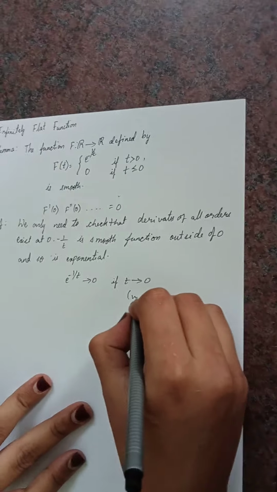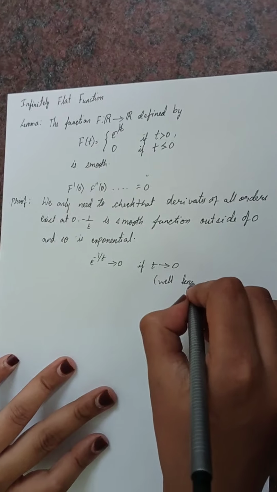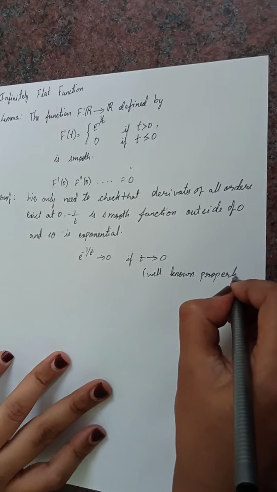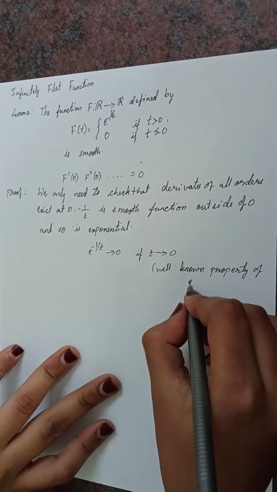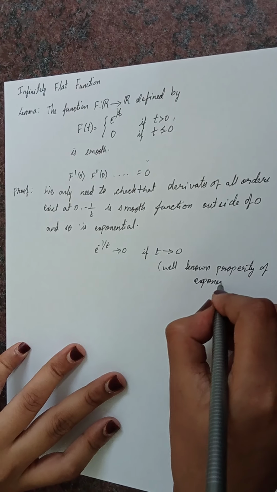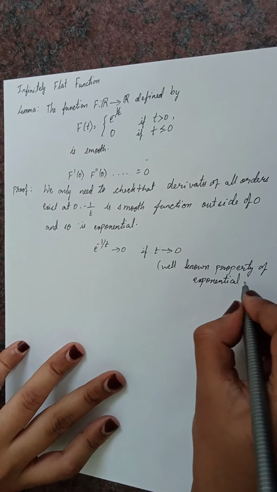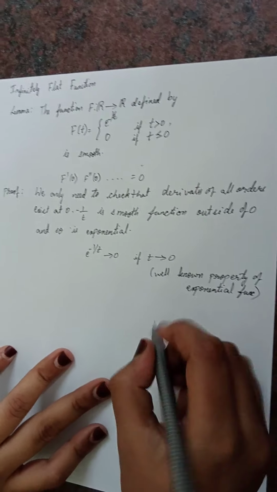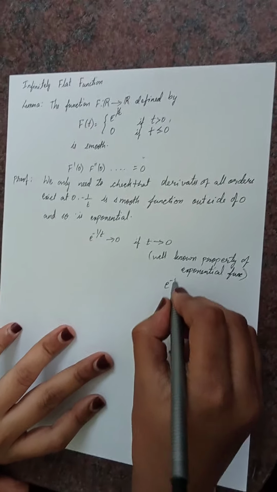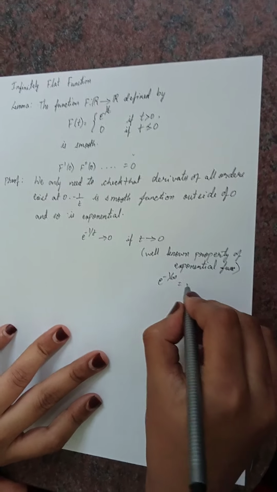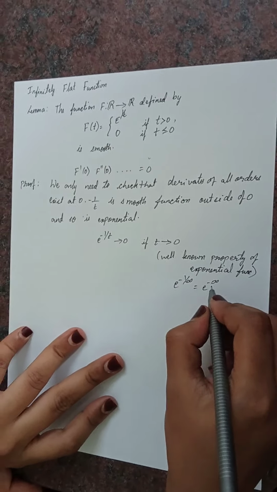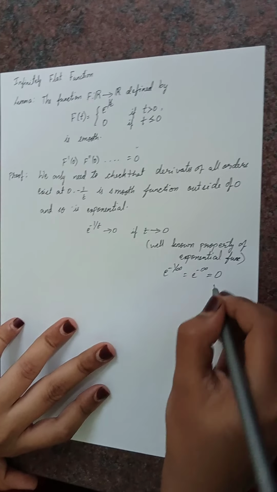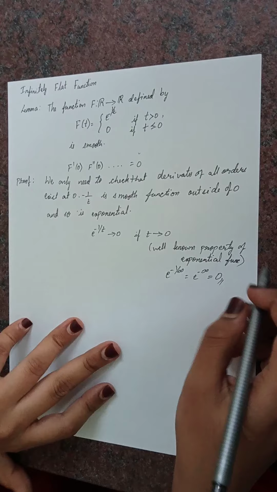This is a well-known property of the exponential function. We already know that e power minus 1 by infinity is equal to e power minus infinity, and the exponential to the power of minus infinity is always 0. This is a well-known property.